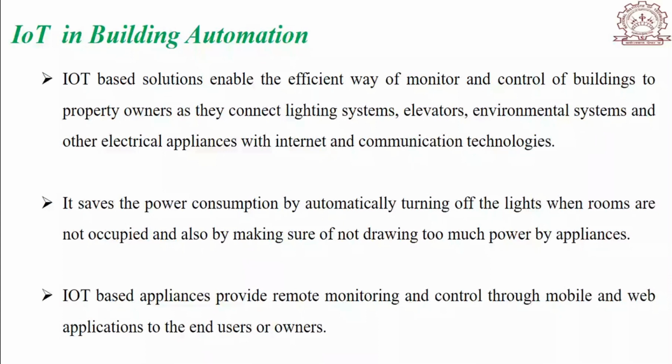Okay, it saves power consumption by automatically turning off the lights when rooms are not occupied, and also by making sure the appliances do not draw too much power. So automatic functioning of electrical equipment will be there with the help of IoT.